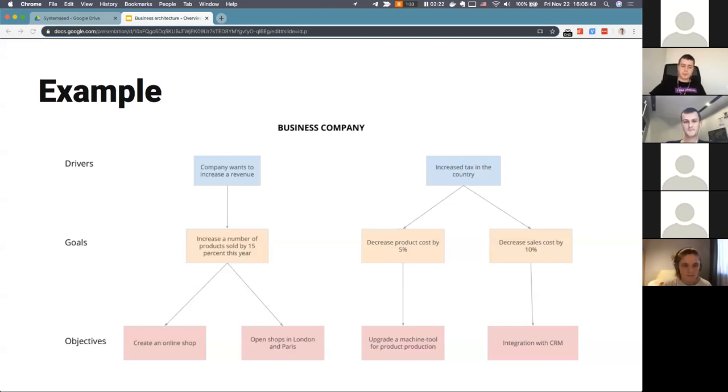Yep. So this example is more generic, and when we are talking about any more internet technology specific stuff, these objectives there, as Kate mentioned, they should be real features, so real epics that should be implemented to achieve goals and react to drivers.